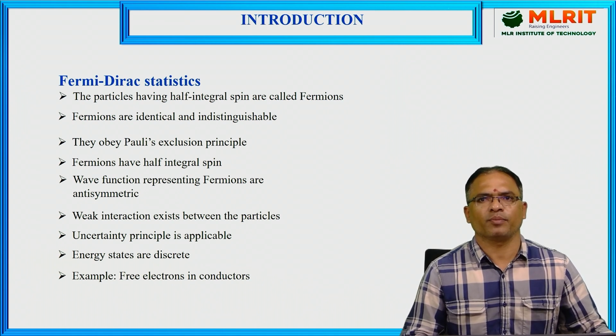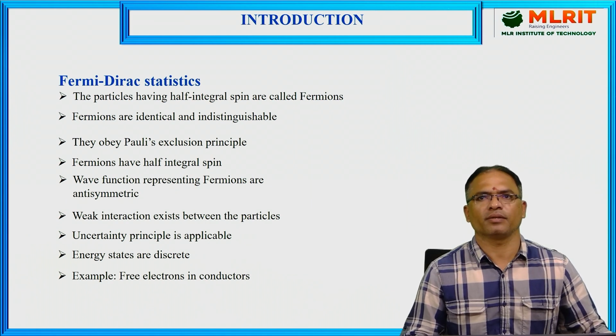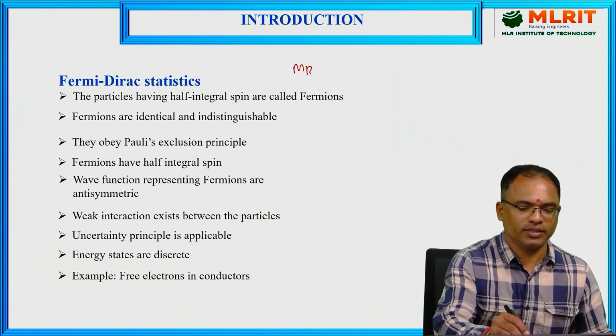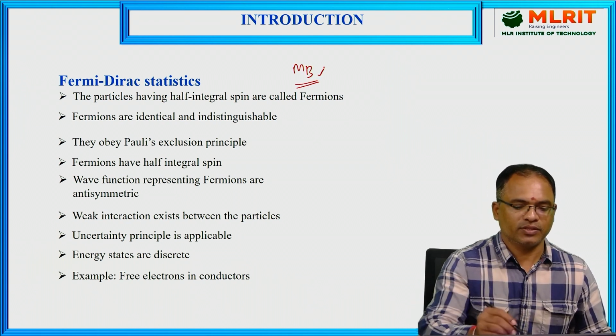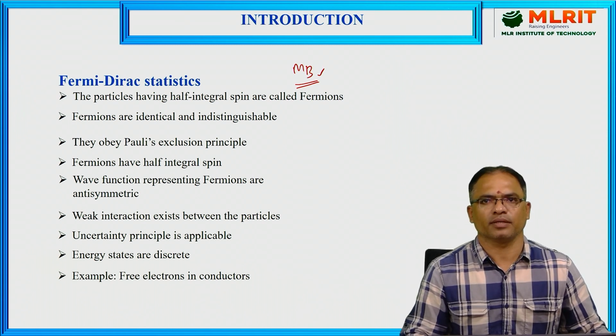So to explain their motion and their properties, different statistical distribution functions are there, given by different scientists. One of them is Maxwell-Boltzmann statistics. Maxwell-Boltzmann statistics is applicable to all types of particles having integral spins, half integral spins as well as zero spins.